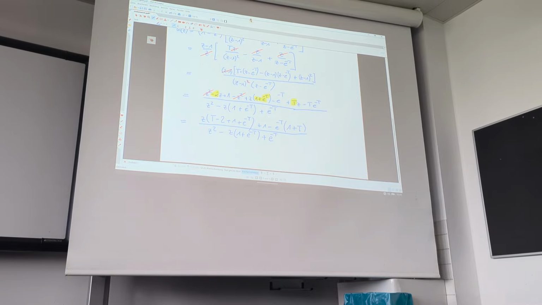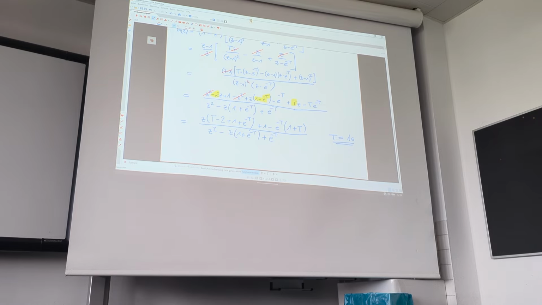And now we can go one step further and say we choose the sampling period to become T equal to 1 second. So every 1 second we have the values available.